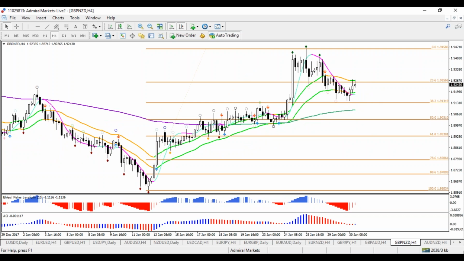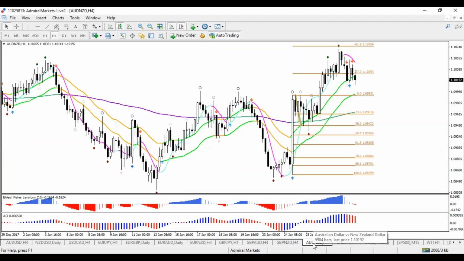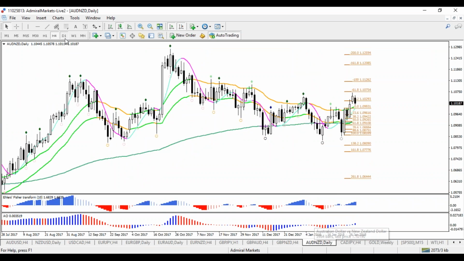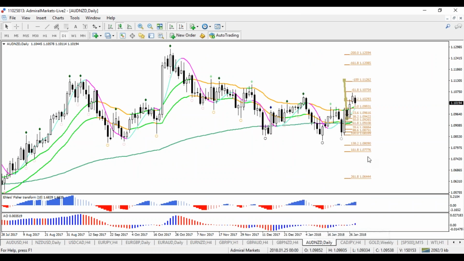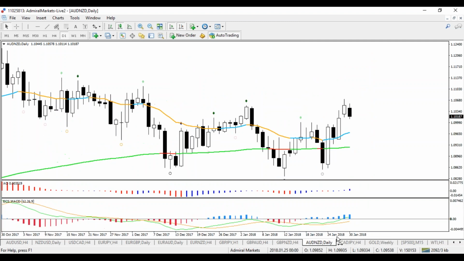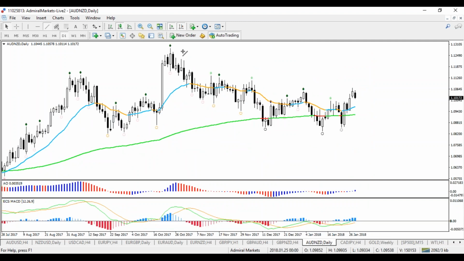Pound New Zealand probably the same. Aussie New Zealand is making a double bottom, or made a double bottom, and is trying to break out.